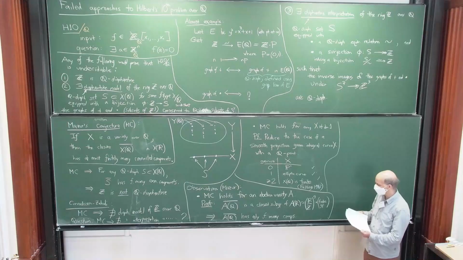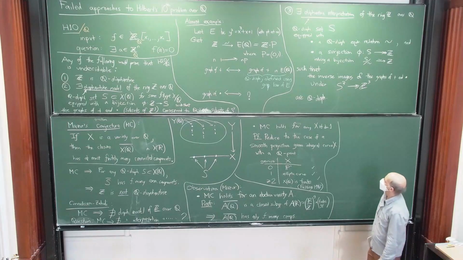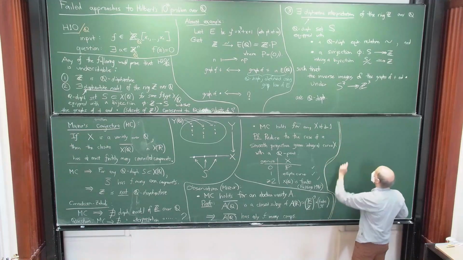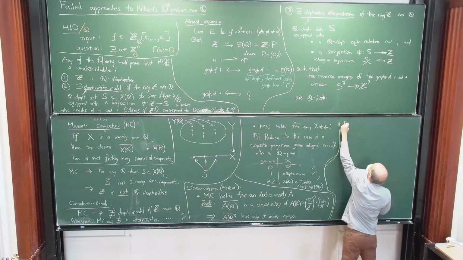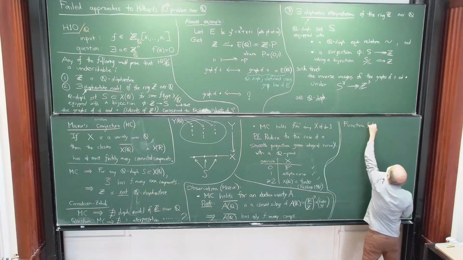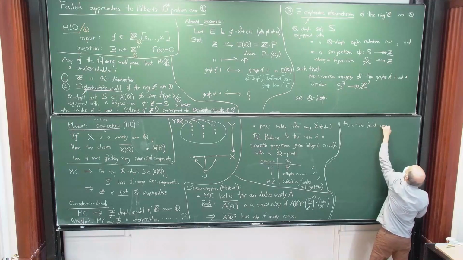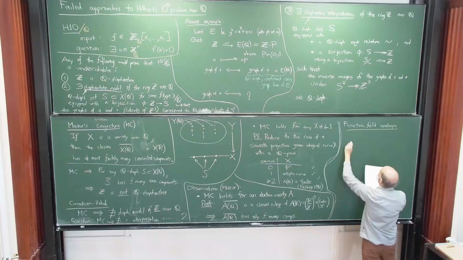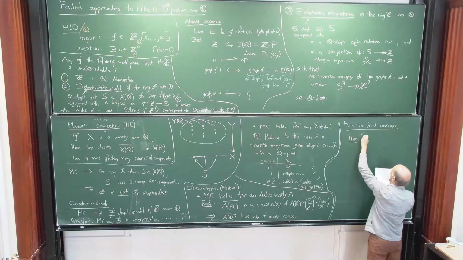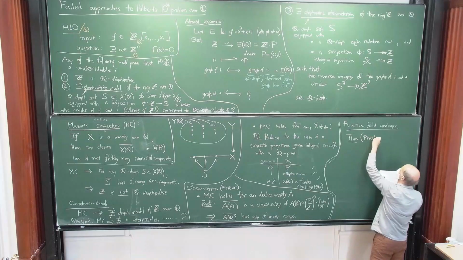So that's where things stand with that. Let me sort of change topics a little bit now, and talk about the function field analog. So in the function field analog, when I say function fields, I'm talking about global function fields.